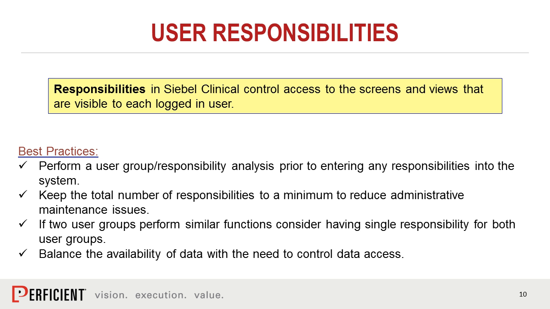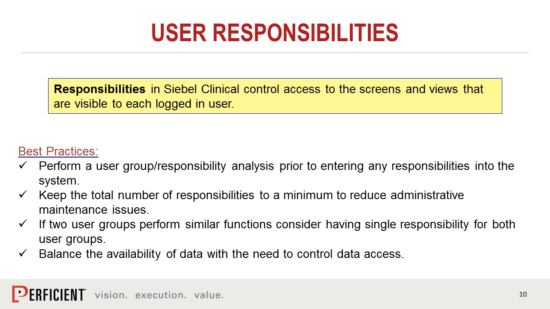Also, remember that even though it's tempting to allow the majority of your users to access most, if not all, of the clinical information that's maintained within the application, everyone who's involved in a protocol or a study shouldn't necessarily have access to all of the information about that study. A key area, for example, is payments.